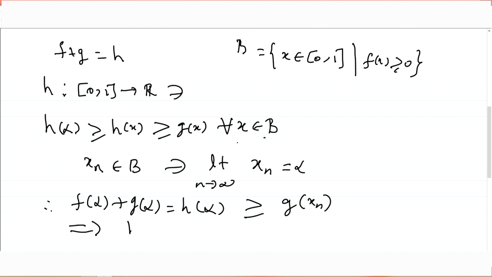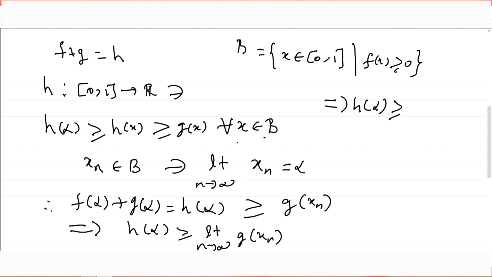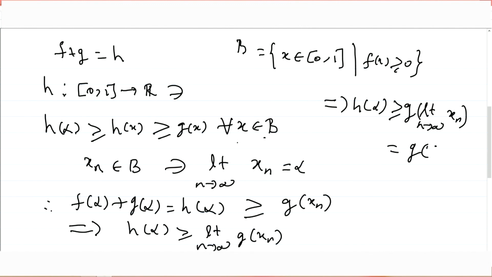This will imply that h of alpha is greater than or equal to the limit as n tending to infinity of g of xn. So, this implies that h of alpha is greater than or equal to g of the limit as n tending to infinity of xn. Why? Because g is a continuous function. So, that is g of alpha.